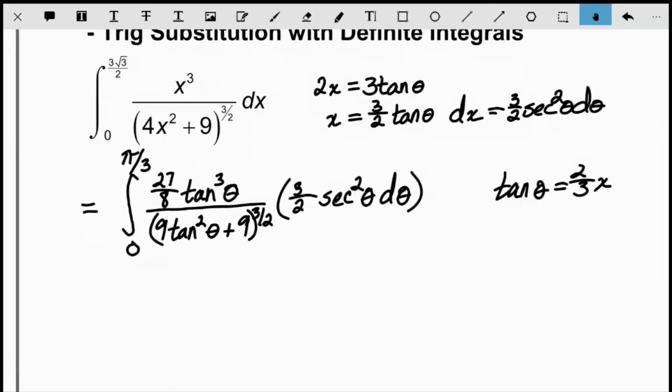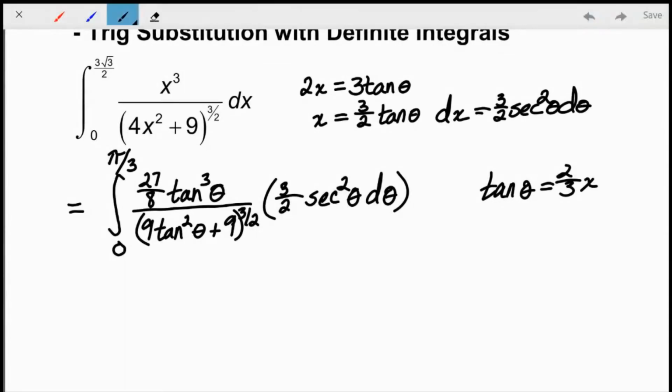All right, so this is a little bit tricky because we have this 3/2 power here. But first of all, my limits of integration are set at 0 to pi over 3. For the moment, I'm going to leave this as 27/8 tangent cubed theta. And in the denominator, let's think about what would happen here. You could factor out a 9.